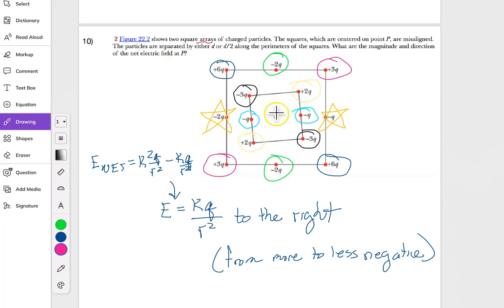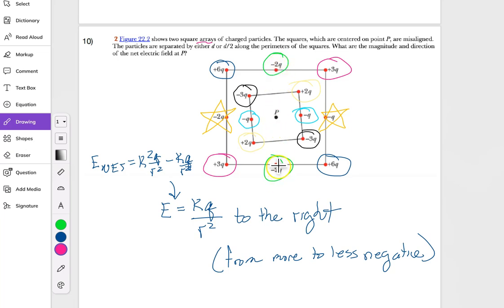So when we look at these, we had another one similar to this. And if you notice, the charges that are on opposite sides of P, so the distance from here to here and the distance from here to here are the same, and the charges are the same, that means that the two cancel each other out. Because the pink 3Q and this pink 3Q are equal and opposite from P, they cancel out.